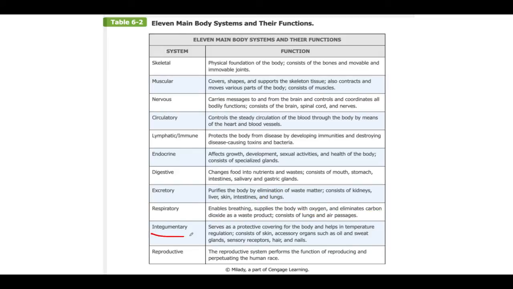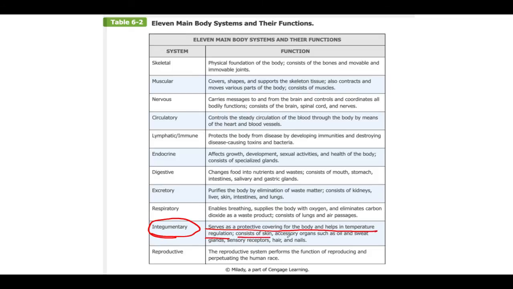We have the integumentary system. The integumentary system is our skin system, which is more than just the skin itself. It has organs within the skin, and it serves as a protective covering of the body and helps in temperature regulation.